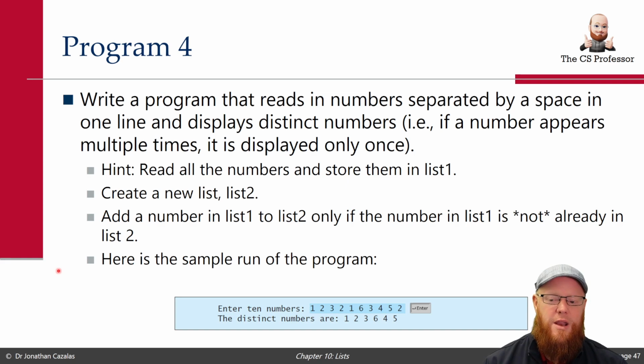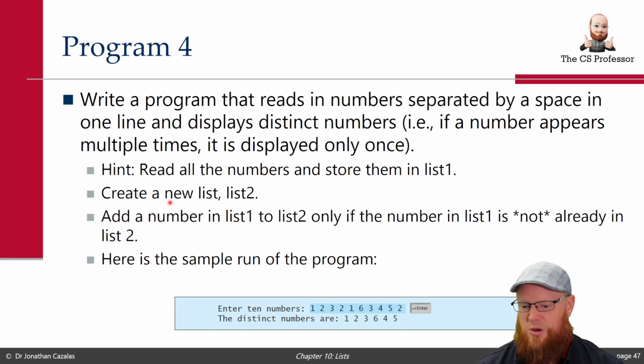All right, last thing is just to show you a problem that we are going to discuss next time. Write a program that reads in numbers separated by a space in one line and then displays distinct numbers. So if a number appears multiple times, you should only display it once. How do you read in all the numbers in one line? The way we just showed.